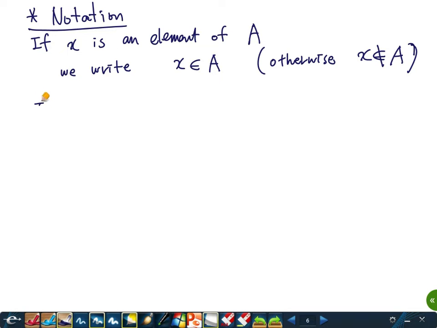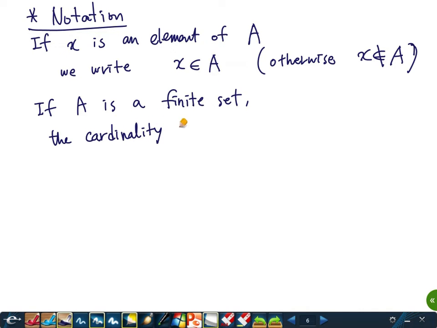And if A is a finite set, it means it's a set with finitely many elements. If A is a finite set, we can talk about its cardinality. The cardinality of A is denoted like absolute value of A, and it is the number of elements.